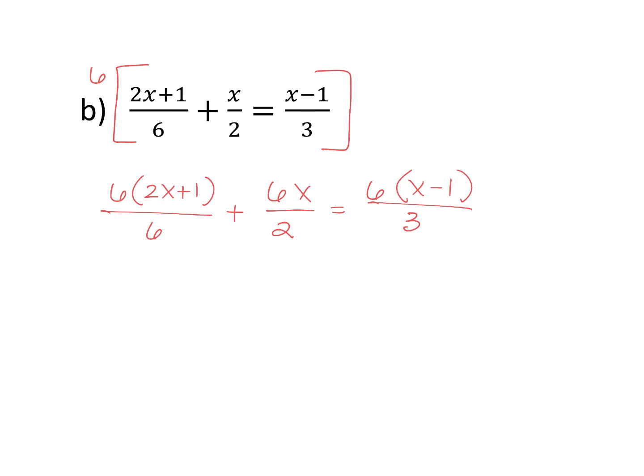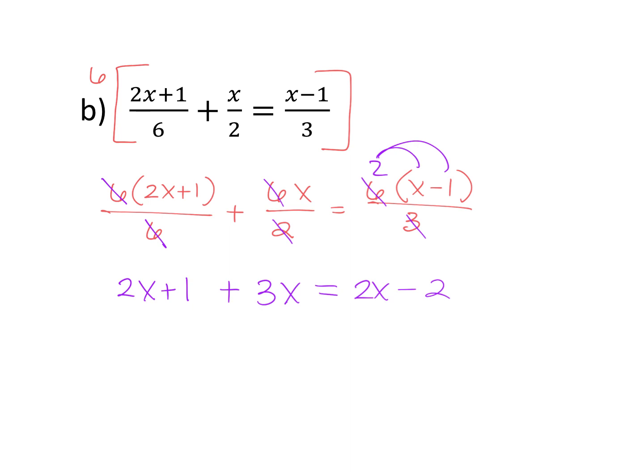This simplifies life a lot, I promise. So 6 over 6 leaves us with just 2x plus 1, plus 6 over 2 is 3x, equals 6 over 3 is 2. So I'm going to distribute that right now. That becomes 2x minus 2.